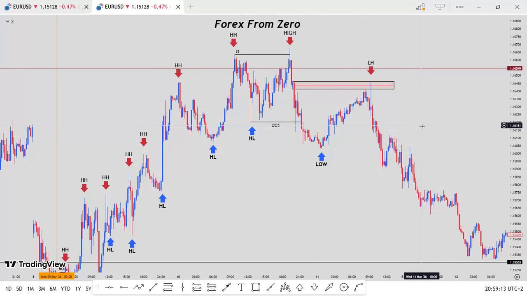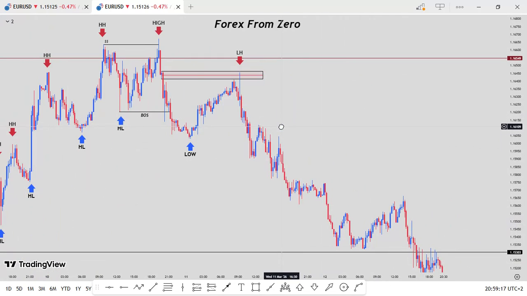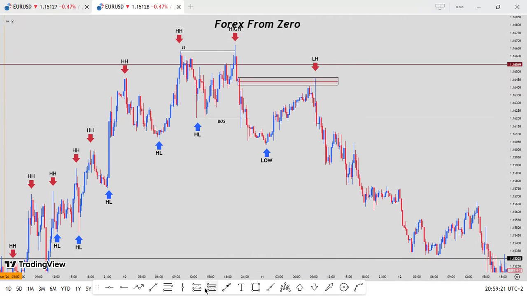Does this really make sense? We make our first lower high, and hence price moved from here, it came here, made this, made that, made this, made that, made this, and came down here.